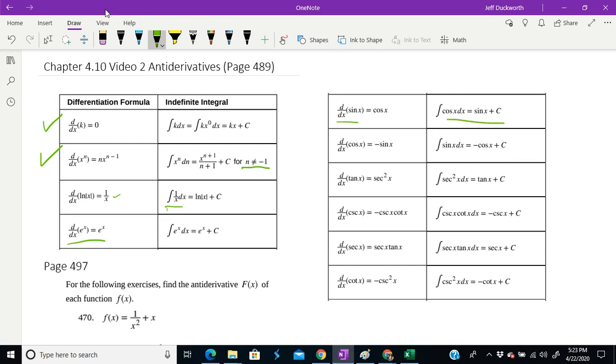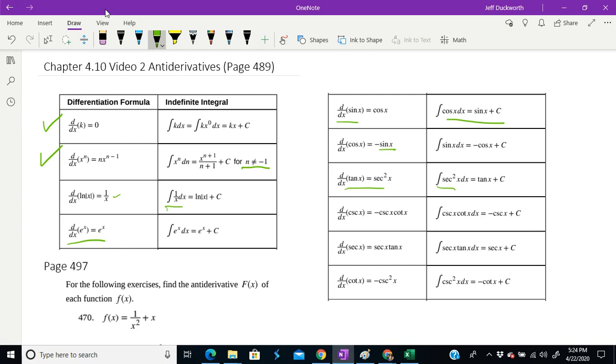The derivative of cosine gives us negative sine, so the integral of sine is going to be negative cosine, because if we take the derivative of negative cosine, we get a negative times negative sine. Tangent. The derivative of tangent is secant squared, so the integral of secant squared will be tangent, and so forth. There's a list of all 6 of the trigonometric functions. The derivatives are on the left, the integrals, which is a reverse procedure, on the right.